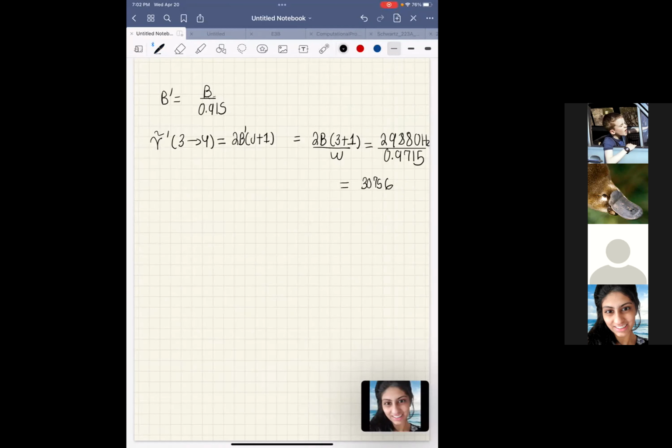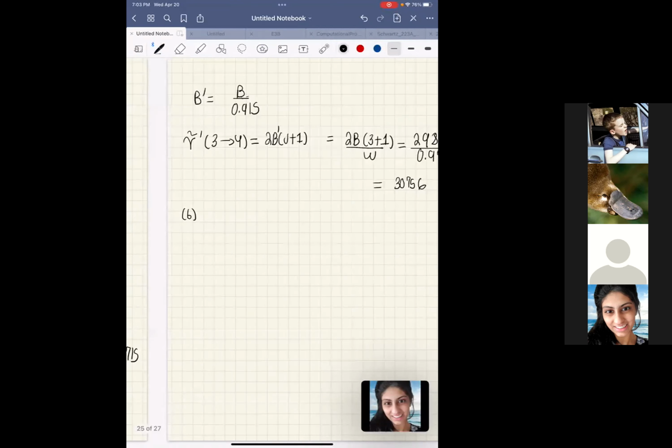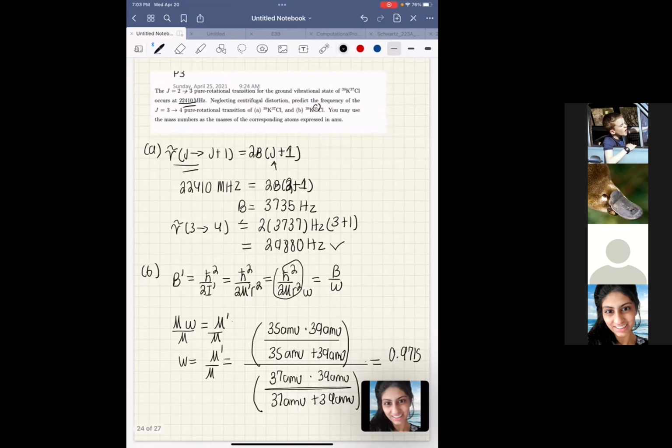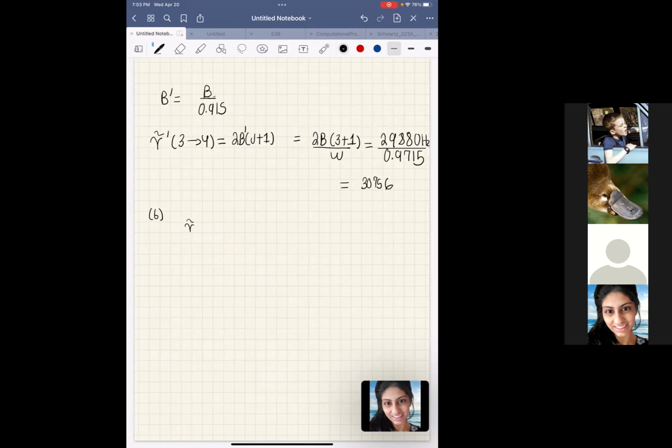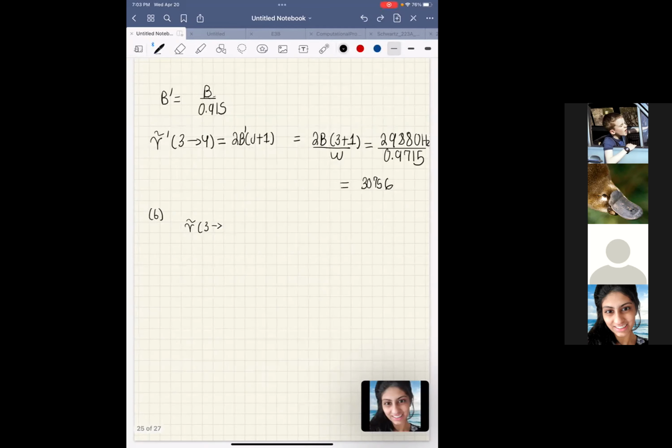So I'm going to start on part B. Part B is the same thing. So originally you had phi of a J, 3 to 4, and you had some answer. Oh wait, not 3 to 4, it's 2 to 3, right?